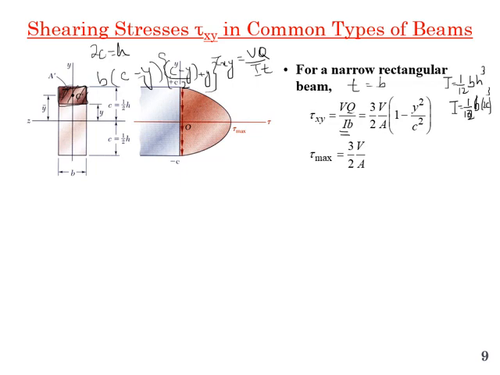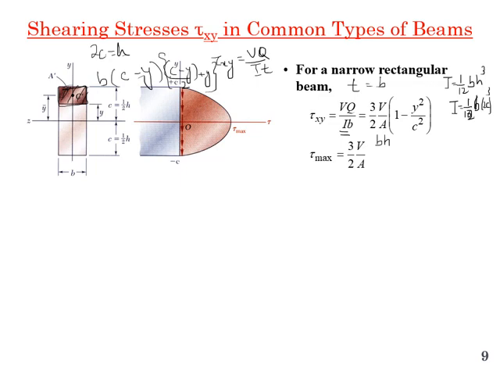If I put it in and simplify it, that will become 3b divided by 2A. Now area is b multiplied by h for the whole cross section, b multiplied by 2c, and multiplied by 1 minus y square by c square. By putting these values, you can simplify it and you will get the shear stress tau xy equal to 3V by 2A times 1 minus y square by c square.